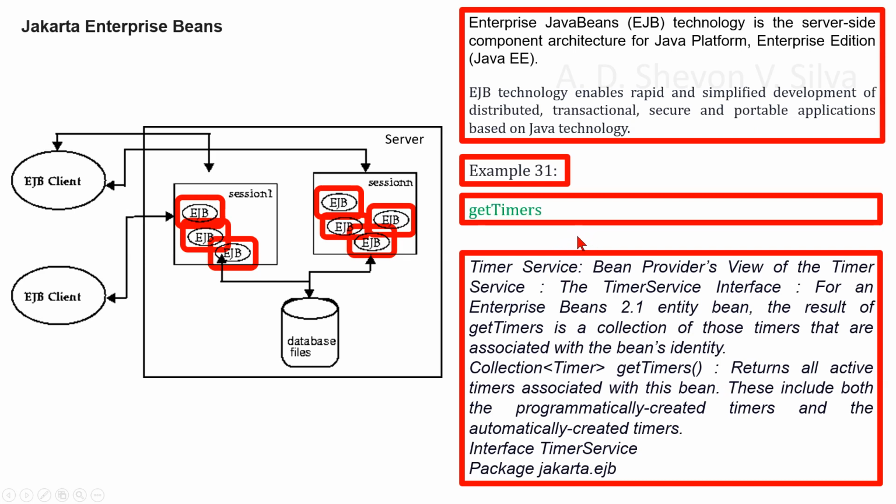For an enterprise bean 2.1 entity bean, the result of getTimers is a collection of those timers that are associated with the bean's identity. The Collection getTimers returns all active timers associated with this bean. These include both programmatically created timers and automatically created timers. This is in the interface TimerService and in the package jakarta.ejb.